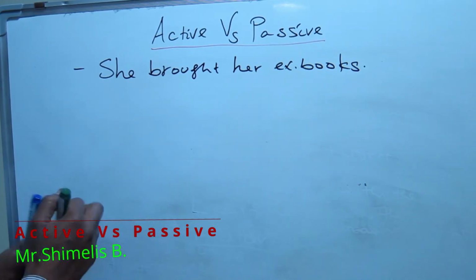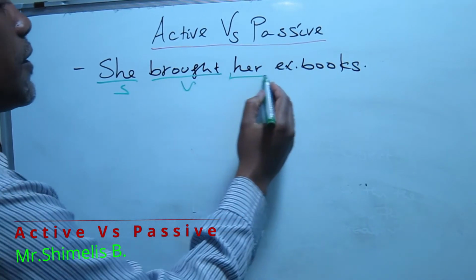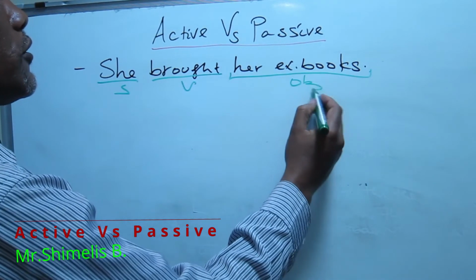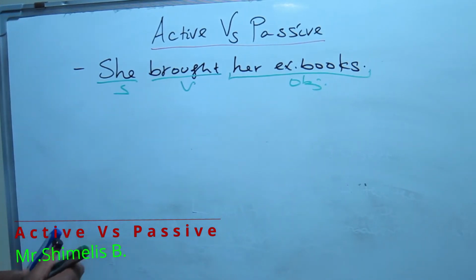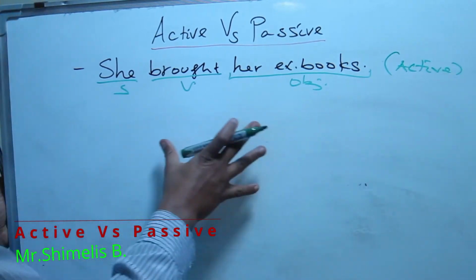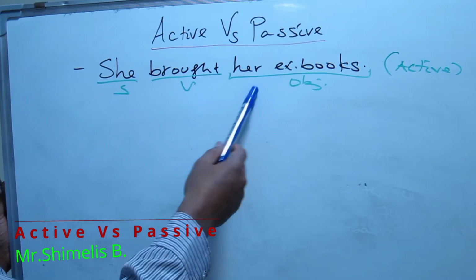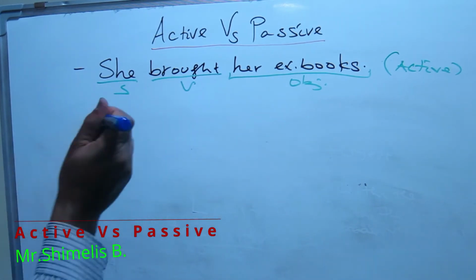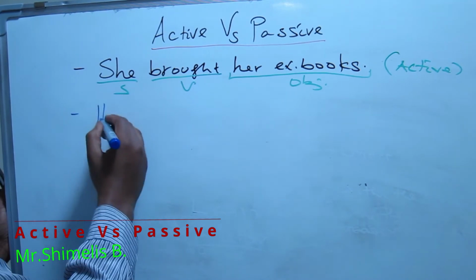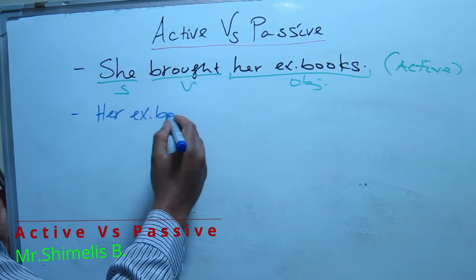The subject is she. Brought is the verb. Her exercise books is the object. It is an active sentence. So when we change this active sentence to passive, the object, her exercise books, becomes the subject for the passive. So the passive sentence begins with the phrase her exercise books.